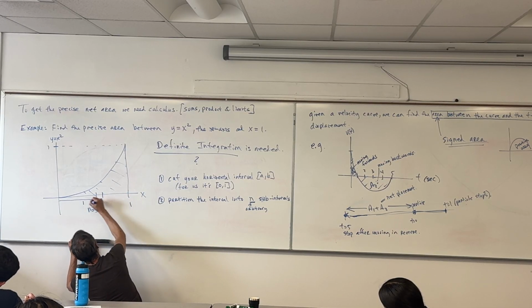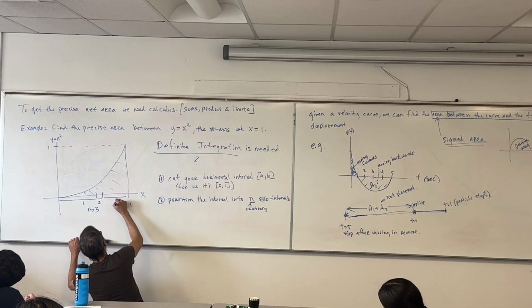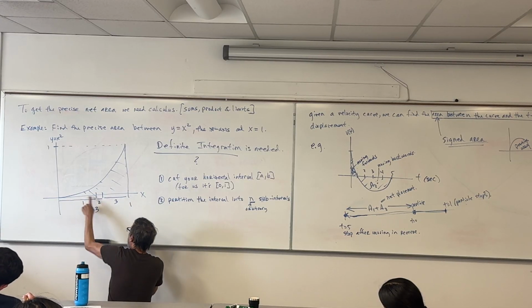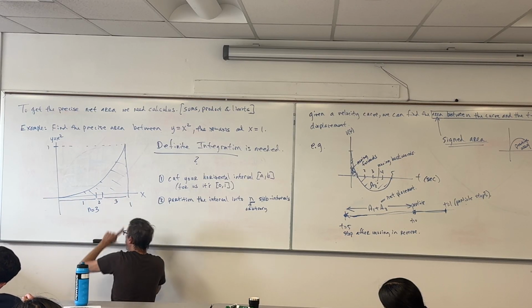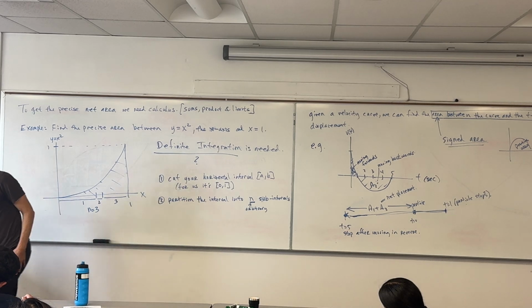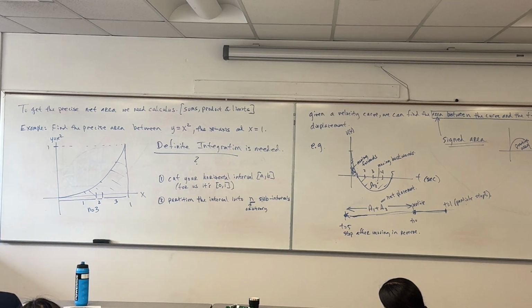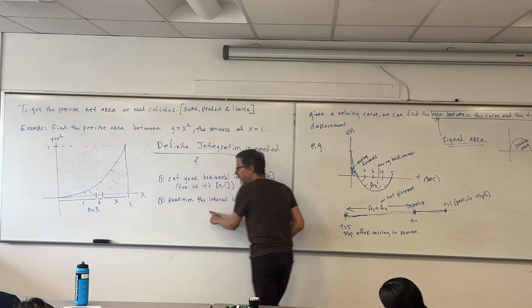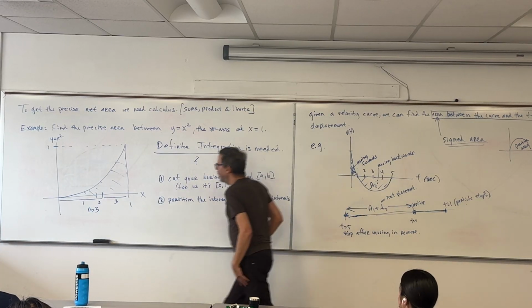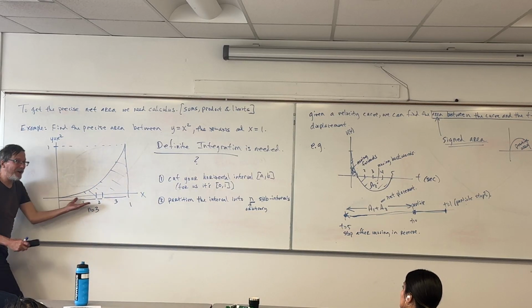Here's the second one, and then here's the third one. Cut, cut, and I got that piece left. So these are called subintervals, and the process of making these little cuts is called partitioning the interval. This is a partition of that interval.